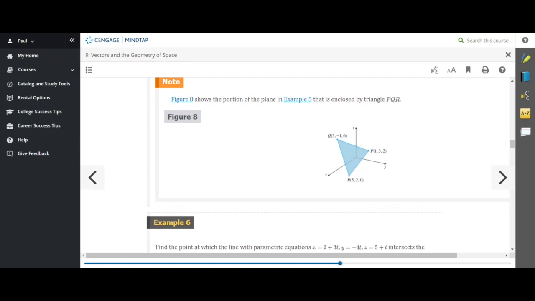Can we find them? How would we find the vector PQ? What would we have to do with the points? Subtract. Good, R. You'd have to subtract the points. So we could find the vector PQ and the vector PR by subtracting the points.